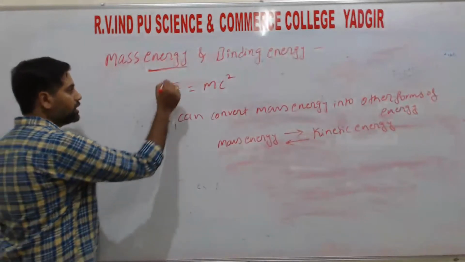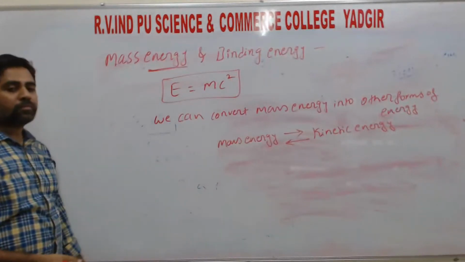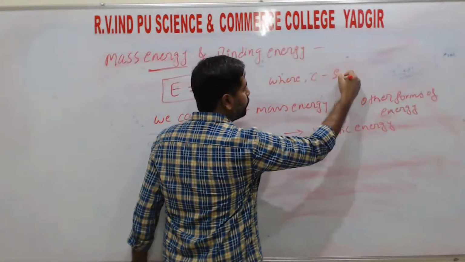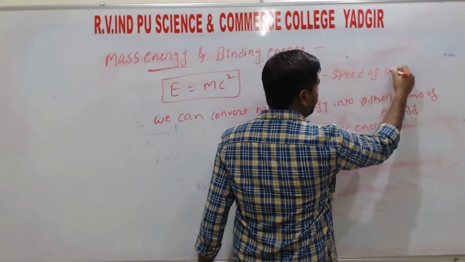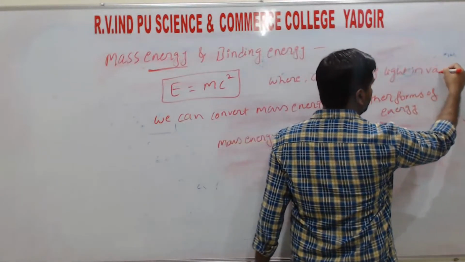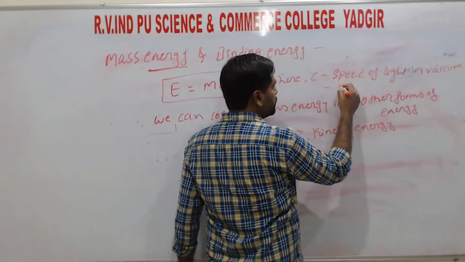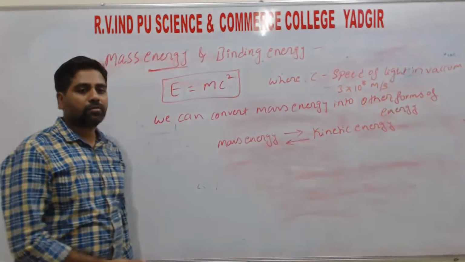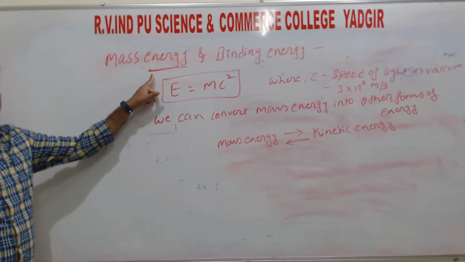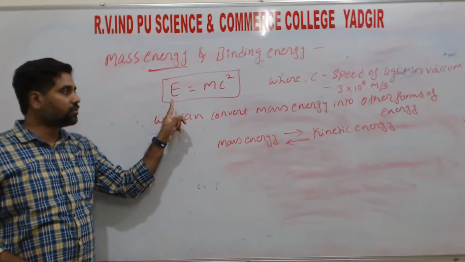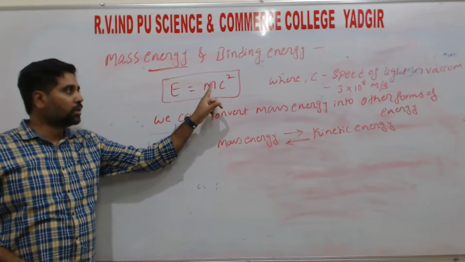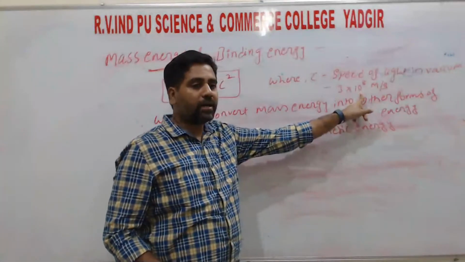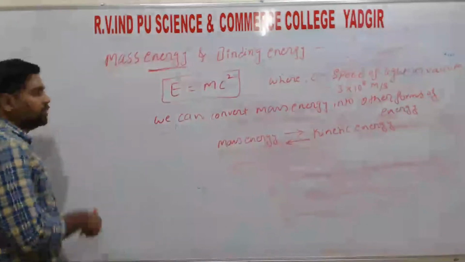The relation is E is equal to mc square, where c is the speed of light in vacuum, and this value is 3 into 10 to the power of 8 meter per second, right? So this is the mass energy relation. Einstein's energy equation is E is equal to mc square, where m is the mass and c is the speed of light in vacuum, 3 into 10 to the power of 8 meter per second.